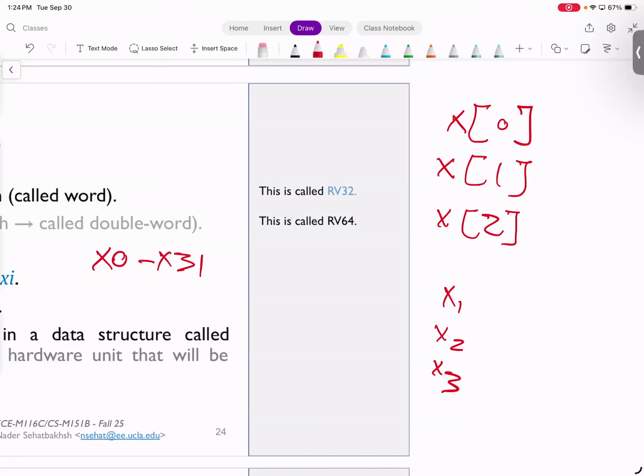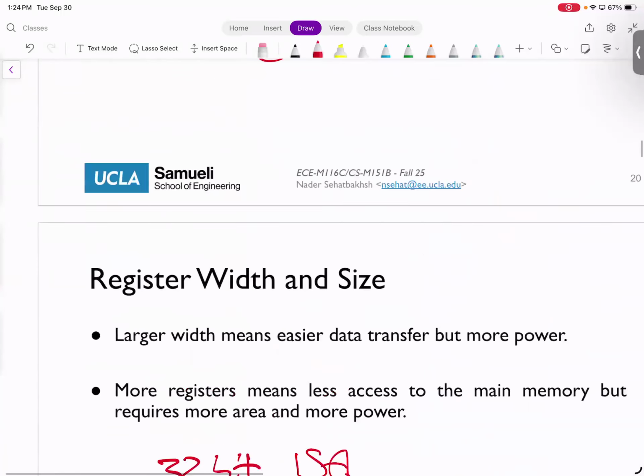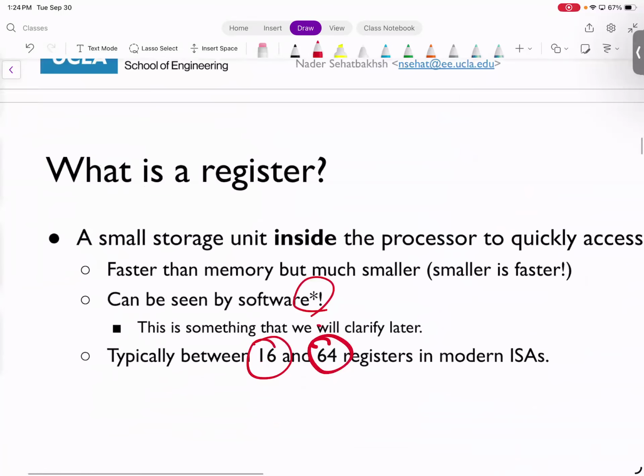Yes, so the question is, once things become cheaper and cheaper, can we actually scale the number of registers? And yes, in fact. The reason that you see this thing I'm showing you here, that registers can be seen by software, means that if I want to increase the number of registers, then I need to go back and change the software. And this is the part that I don't like. So I actually do this trick where I do a mapping.